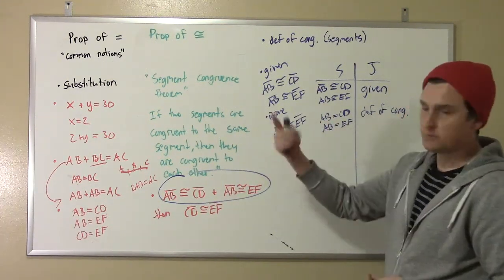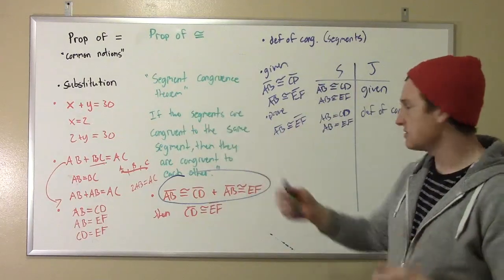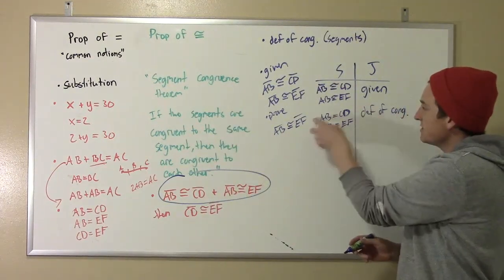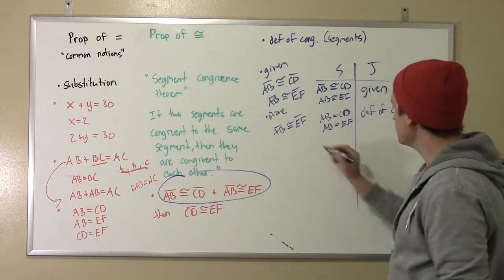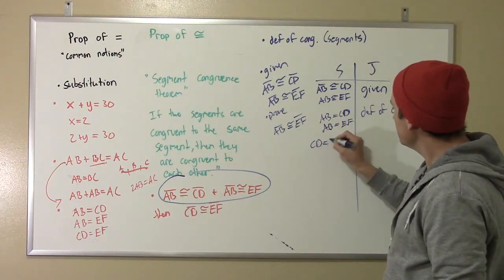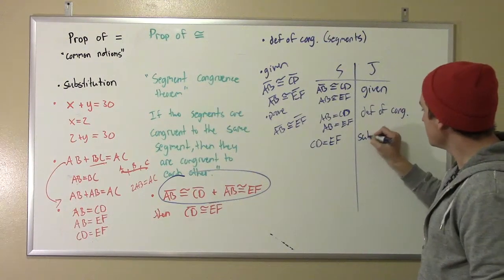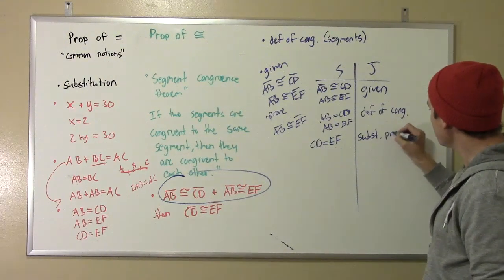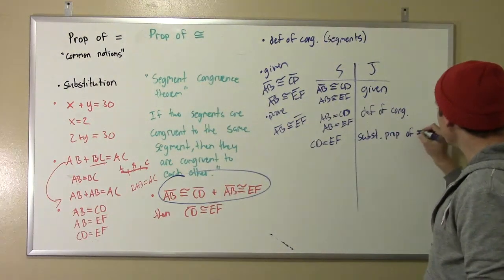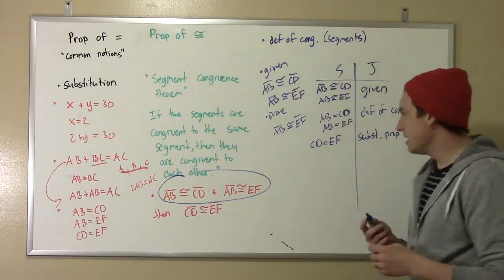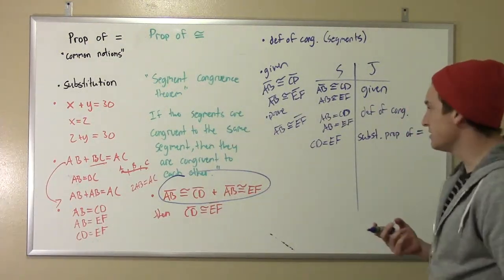So that would be one of Euclid's common notions, or like the substitution property. Two things that are equal to the same thing are also equal to each other. So we're just going to say CD is equal to EF, right? And we'll use the substitution property of equality, okay? Which is kind of like one of Euclid's common notions there.